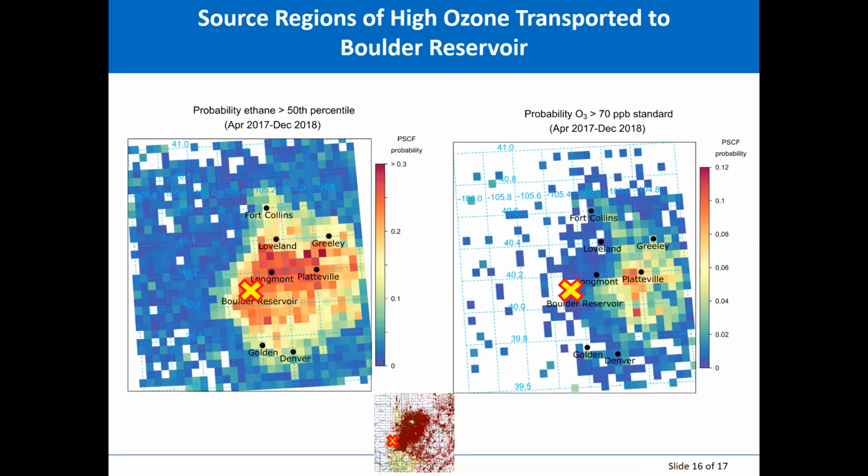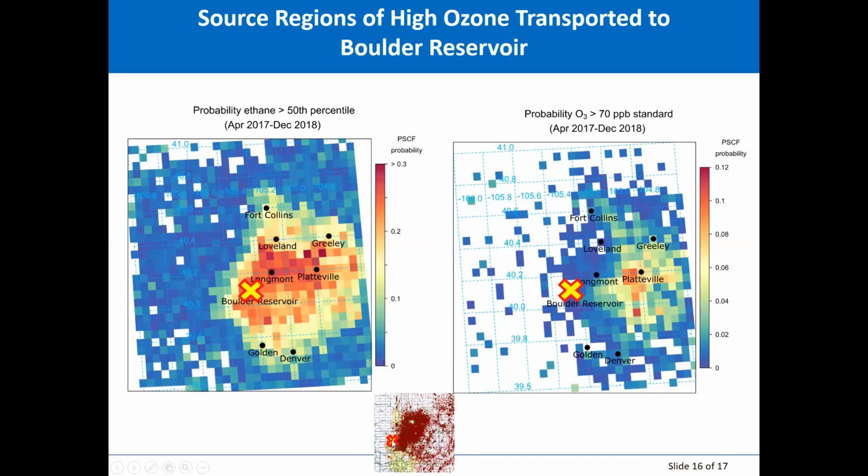One more slide on some of the data here. I've shown earlier that one of the pollutants we really worry about in this context is something that gets formed from all these oil and gas emissions, and this is ozone. So when we take the ozone data from the Boulder Reservoir and look at where the air is coming from, it also shows very nicely how this is aligned with the density of the oil and gas area.